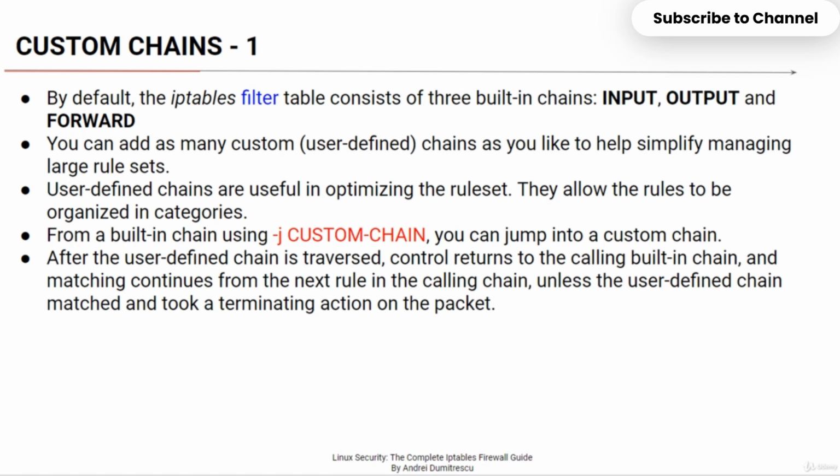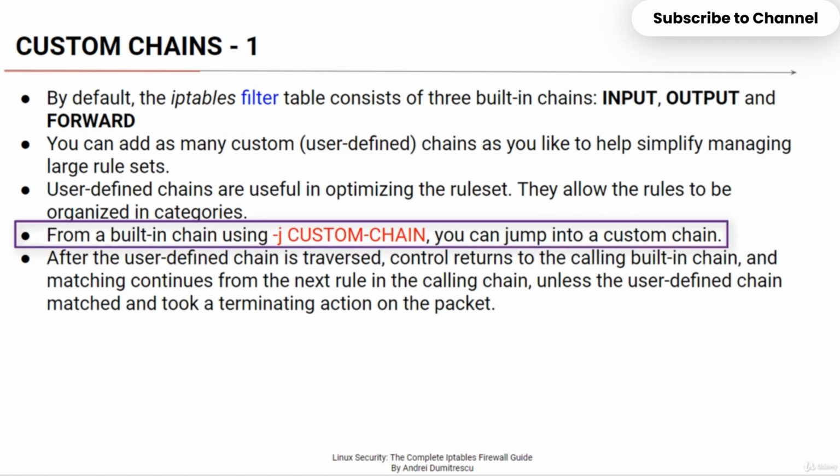Custom chains behave just as built-in chains, introducing logic that must be passed before the ultimate fate of a packet is determined. From a built-in chain like INPUT, OUTPUT or FORWARD, using -j and then the name of the custom chain, you can jump into any number of user-defined chains and even jump between them.